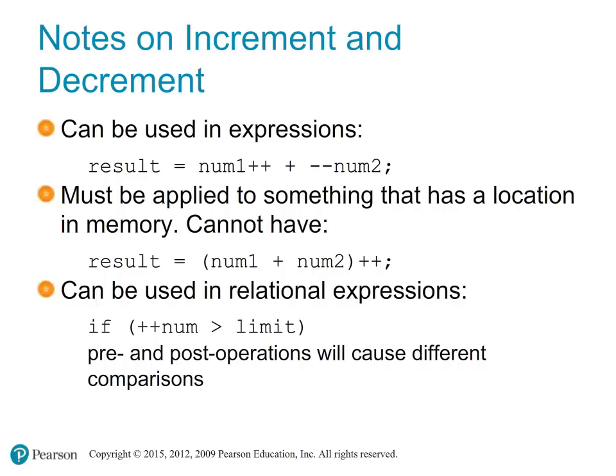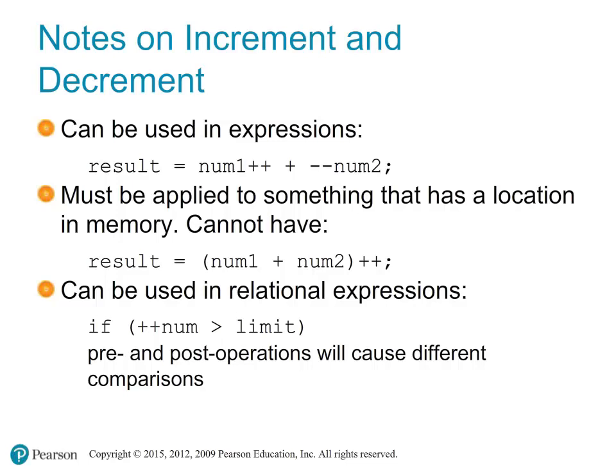These operators must be applied to variables or expressions that have a location in memory. Result = (num1 + num2)++ is not allowed because num1 + num2 is a temporary value without a memory location.